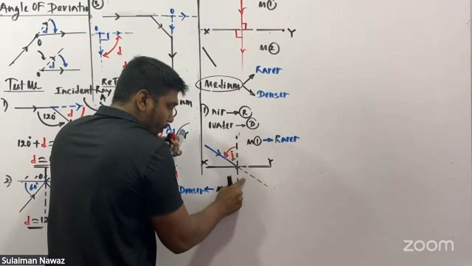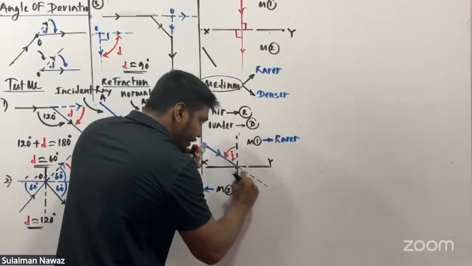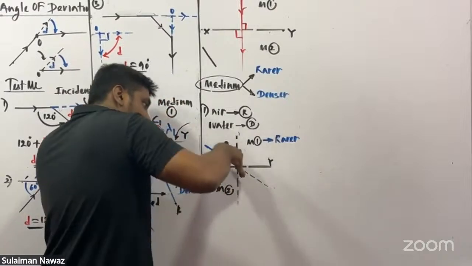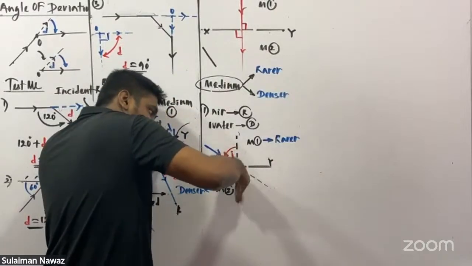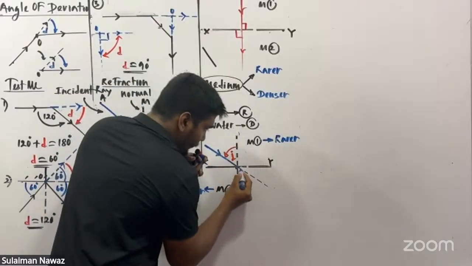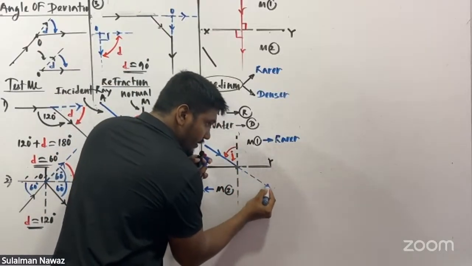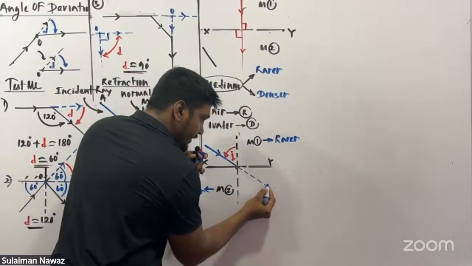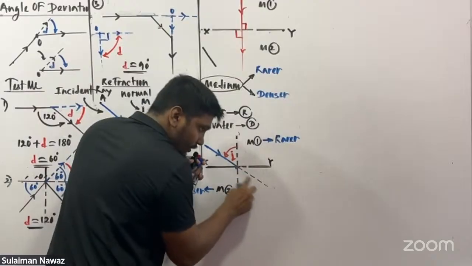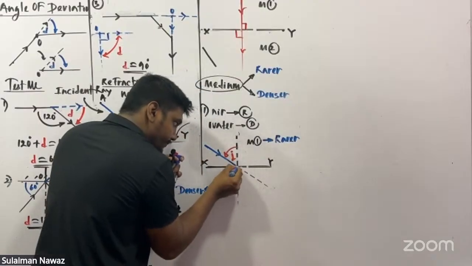If there is no second medium, this is the path of the light ray. If it undergoes refraction from rarer to denser, the path is bent towards the normal.